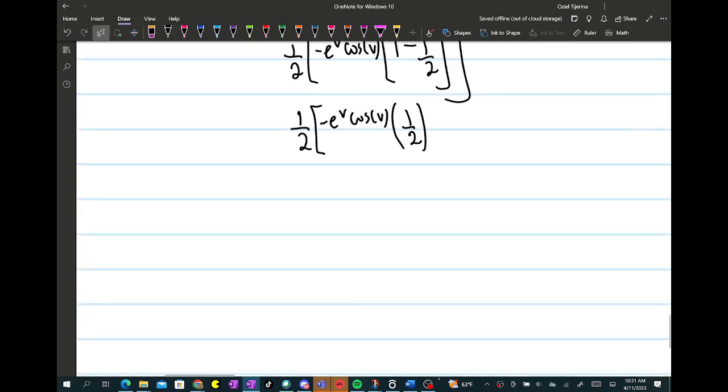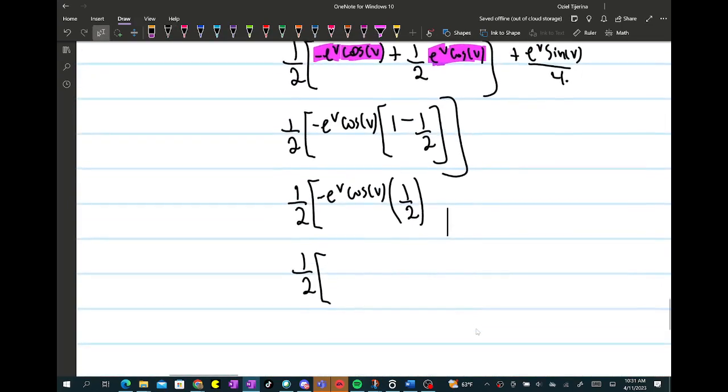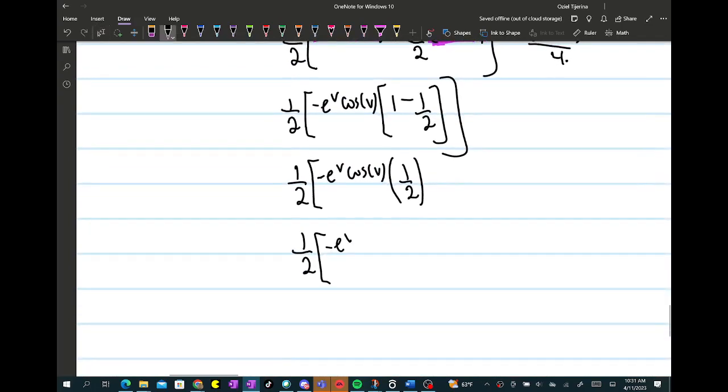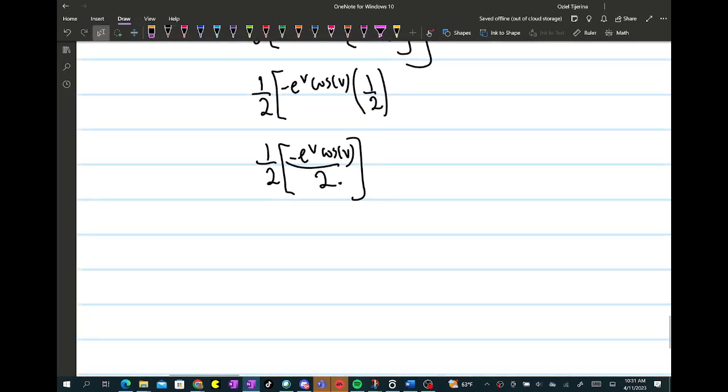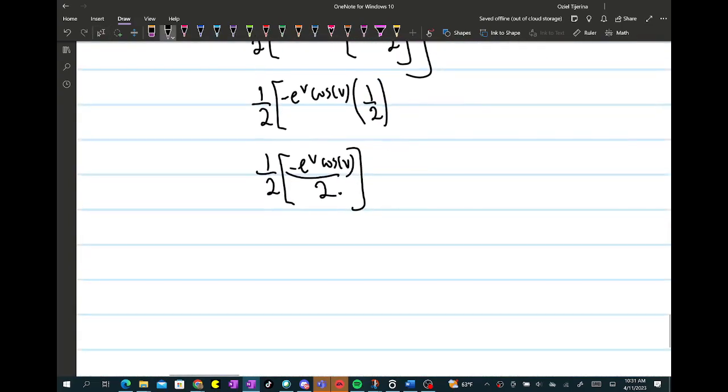So then this becomes 1/2 times negative e to the v cosine of v over 2. And basically we still have that plus e to the v sine of v over 4.